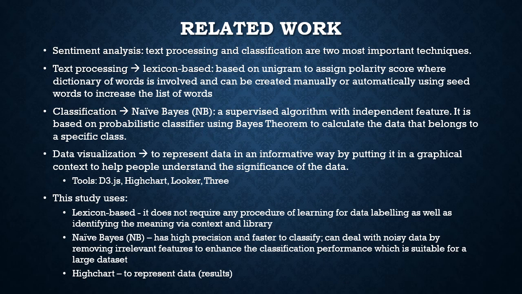For classification, naive Bayes has been used quite often previously as it is a supervised algorithm with independent features. These two techniques are used in sentiment analysis for this work as it doesn't require any procedure of learning for data. That's why the lexicon base is used.